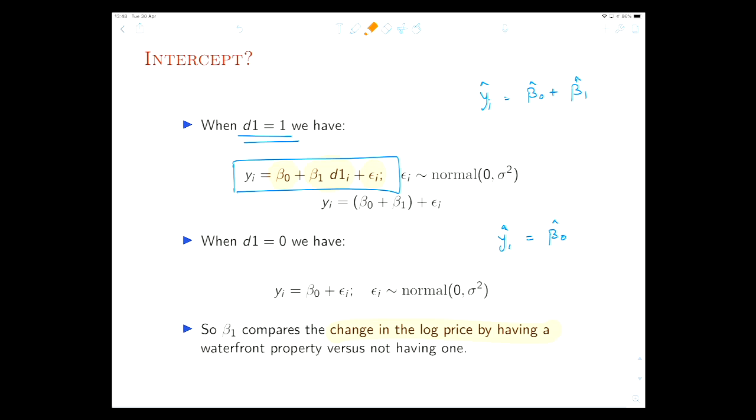So this way of representing a model with a categorical variable makes interpretation much easier and much more intuitive to follow. In the absence of the categorical variable, in the absence of a waterfront property, we say that our fitted response value, meaning our log price, is equal to the estimate beta 0 hat.